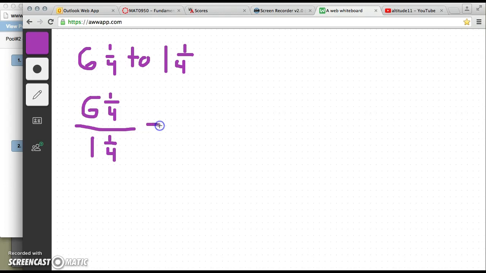So what we want to do first is rewrite both of these mixed numbers in the numerator and the denominator as just fractions instead of mixed numbers. So let's do that here. Our denominator of 4 times 6, that's 24. 24 plus 1 is 25 all over 4.